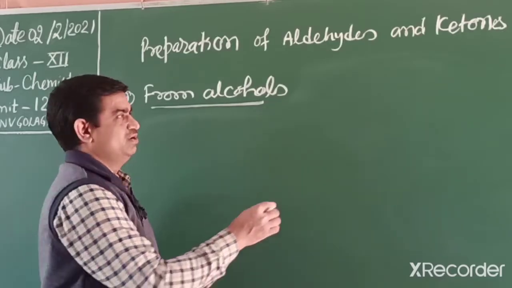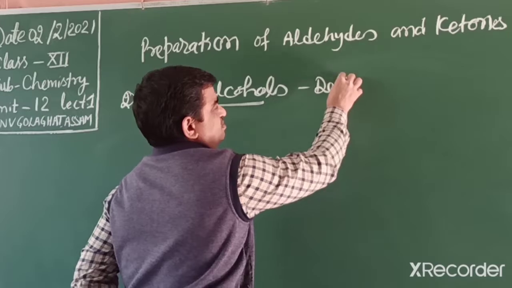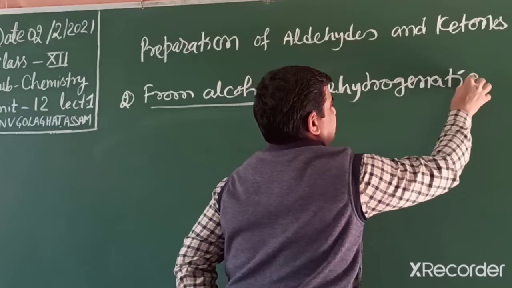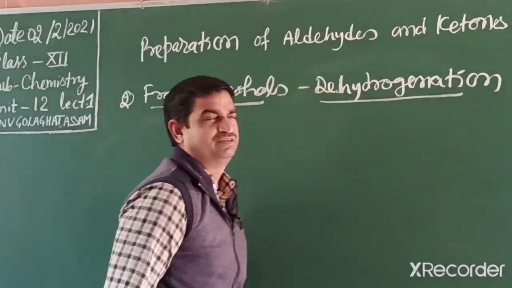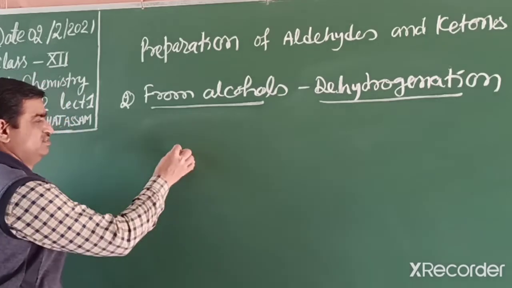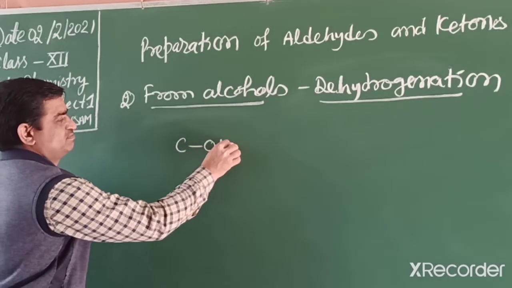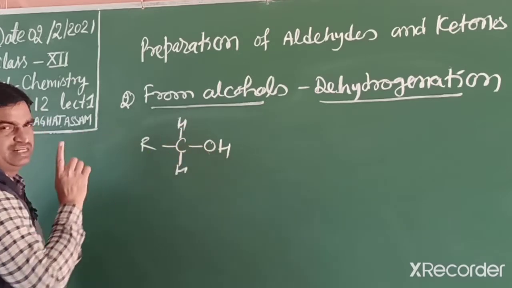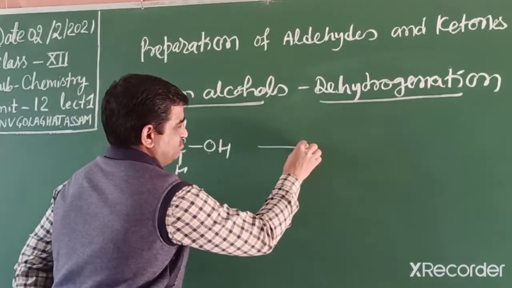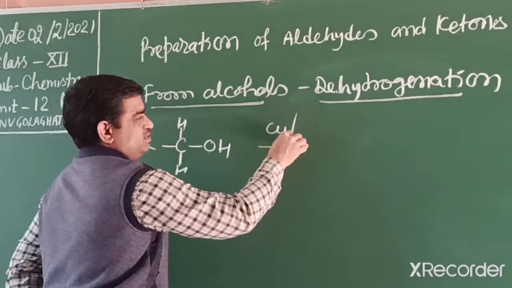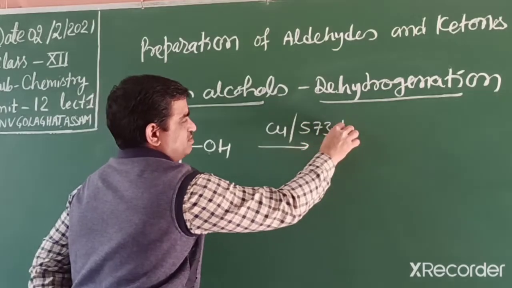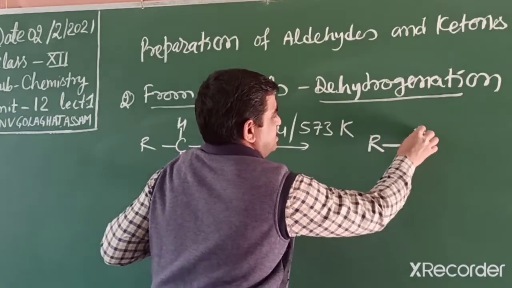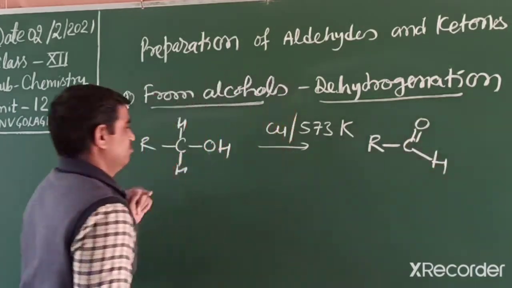Next reaction from alcohol is known as dehydrogenation. Dehydrogenation means removal of hydrogen using catalytic dehydrogenation. If the alcohol is 1 degree, meaning primary alcohol, that alcohol has OH attached to a carbon with at least one carbon. When it reacts with copper metal in the presence of 573 Kelvin temperature, then we get an aldehyde from primary alcohol.